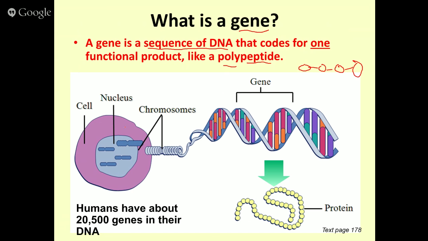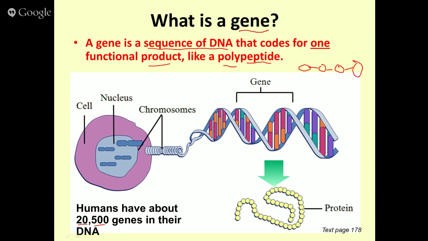So remember that when we talk about a gene, we're talking about a specific area of your DNA that's inside your nucleus. So when you say you've got your genes, you're talking about recipes for one particular product, like a polypeptide, part of a protein. And humans have about 20,500 genes. So that means we can make about 20,500 proteins, or sometimes even more, and we'll get into that more later.